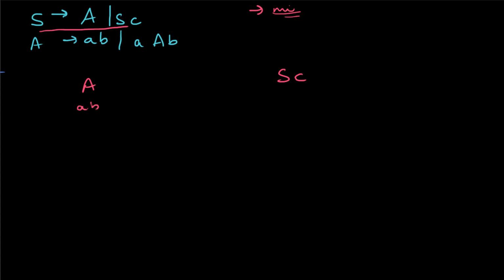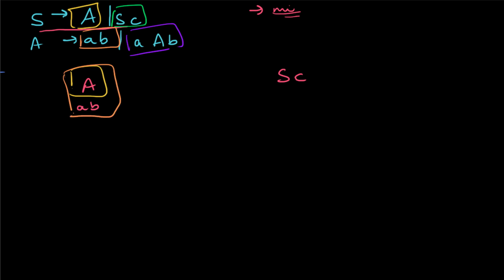So I got AB right here because I used, okay, so let's just provide them with colors. This is A, this is SC, this is AB. Okay, so we need to have some vibrant colors. So I got A right here. I actually used another state for it, right?